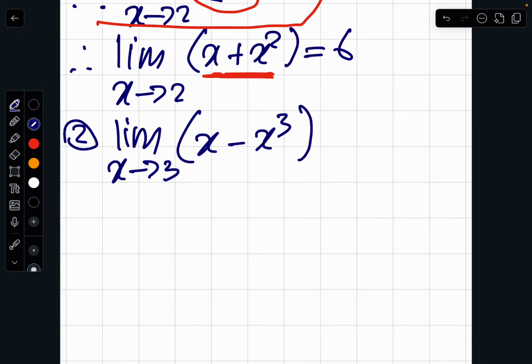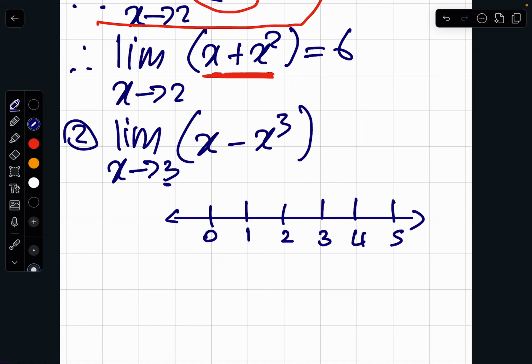When you are using a numerical approach, you first draw a number line approaching this number. So we're going to have a number line like this. We have 0, 1, 2, 3, 4, 5. What number are we approaching? We are approaching 3, from the left and from the right.